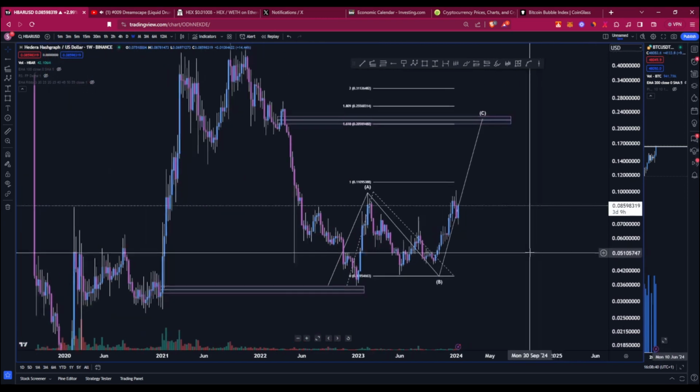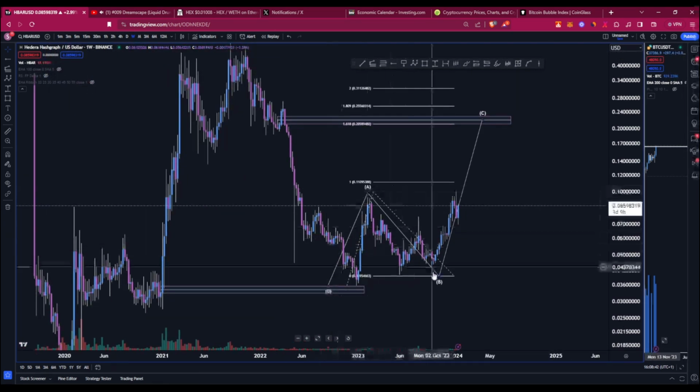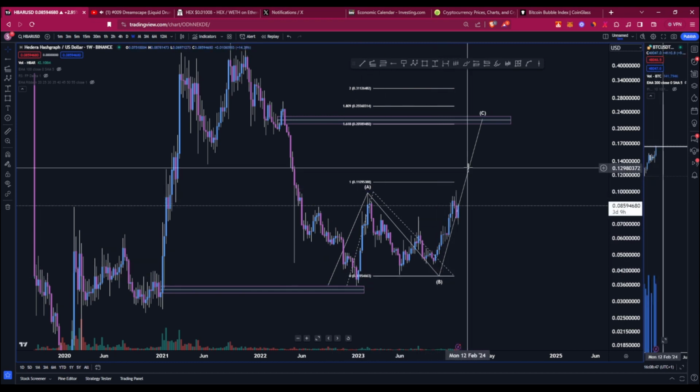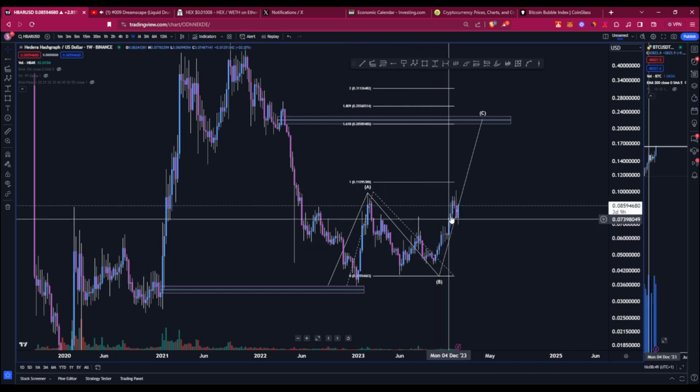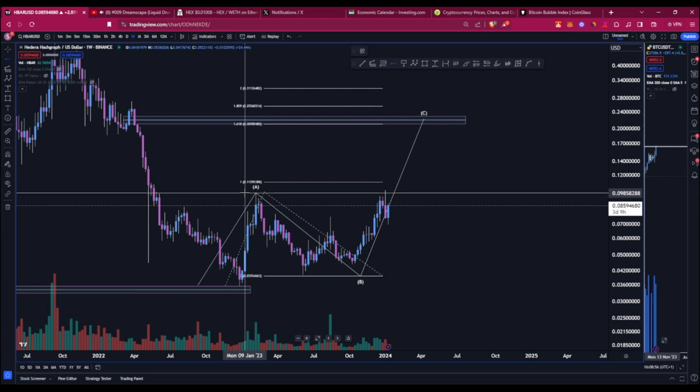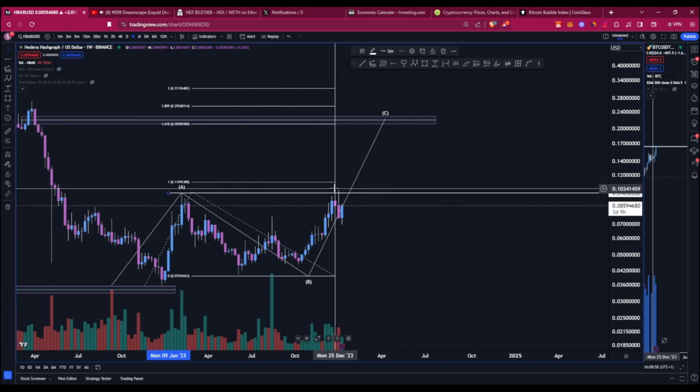Okay, so if we have now, for example, 0AB, so now the move is called BC, and once we break the high here, we can have a correction, which we did here.